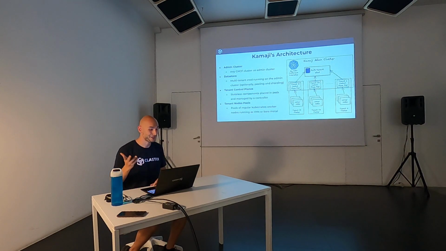So this is the architecture. First of all, we have to get acquainted with the terminology. We use admin cluster to identify the Kubernetes cluster that is hosting the etcd installation, the Kamaji operator, and also the tenant control plane pods.